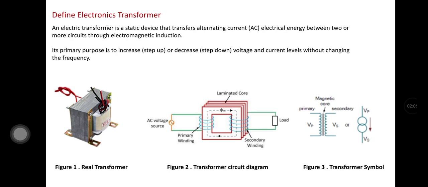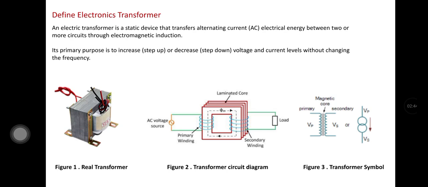If anybody asks you what you mean by transformer, you just say that it is a static device which transforms energy from one circuit to another circuit through electromagnetic induction. Its primary purpose is to increase (step up) or decrease (step down) voltage and current levels without changing the frequency.